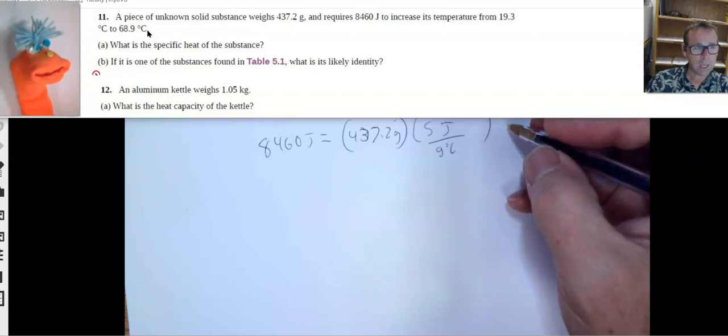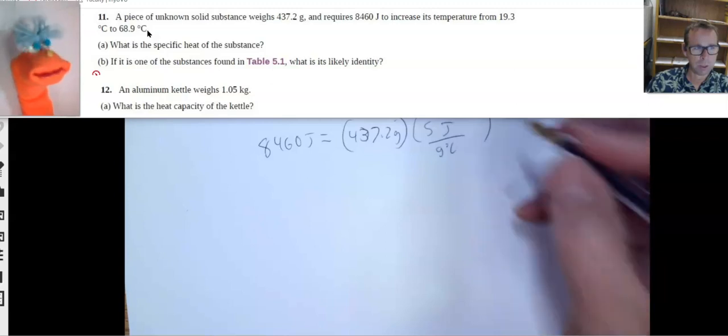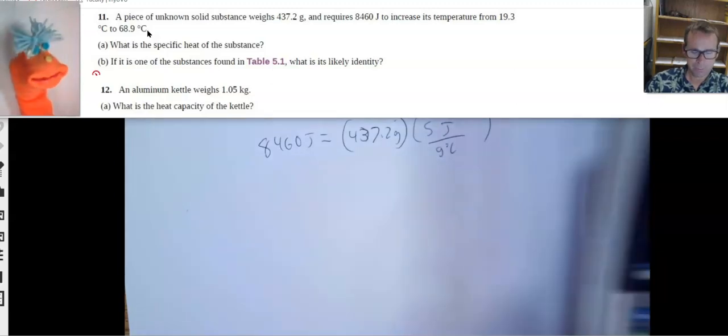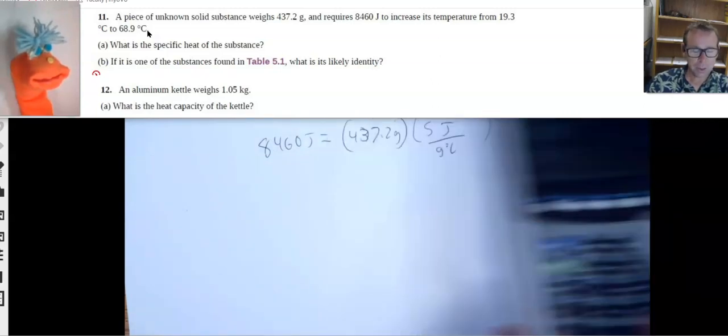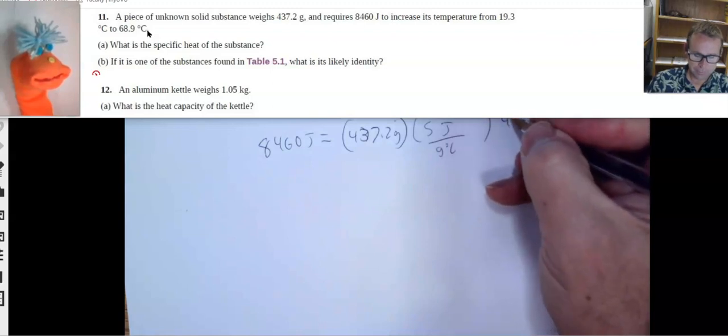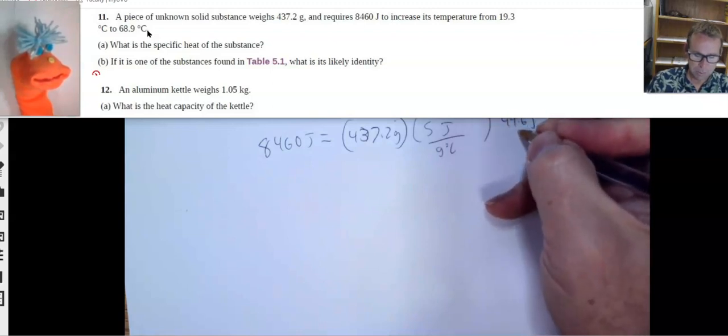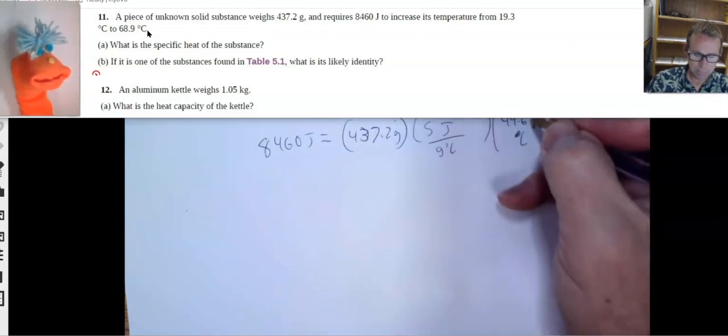Okay. And what is the change in temperature? We're going up to 68.9 from 19.3. So 68.9 minus 19.3. That's right. So 49.6 is our change in temperature, or degrees Celsius, right?